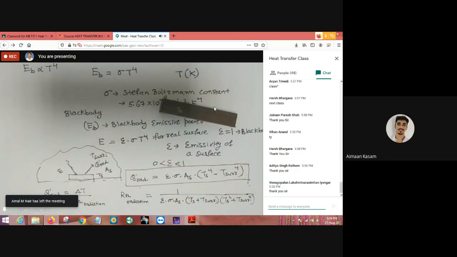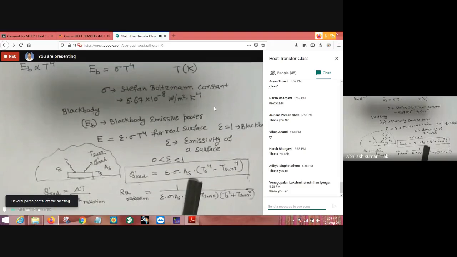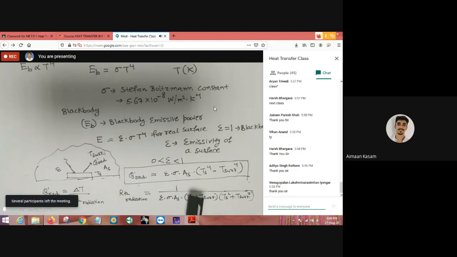So, sir, then shouldn't the epsilon be inside the bracket, like epsilon times Ts raised to 4 minus T surrounding raised to 4, unless it is for a pair of bodies? If the surrounding is a black body and epsilon is only for one surface, not a pair of surfaces, then it should be inside. Because by placing epsilon outside, you mean that even the T surrounding radiation will be reduced.